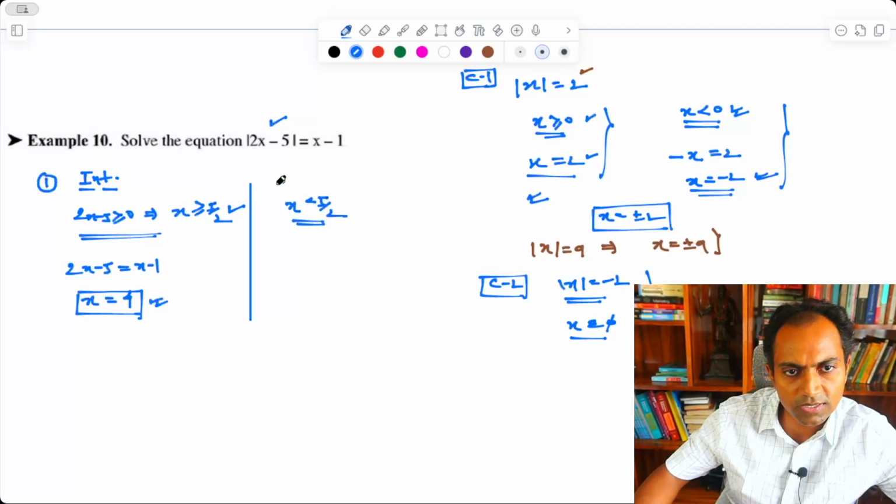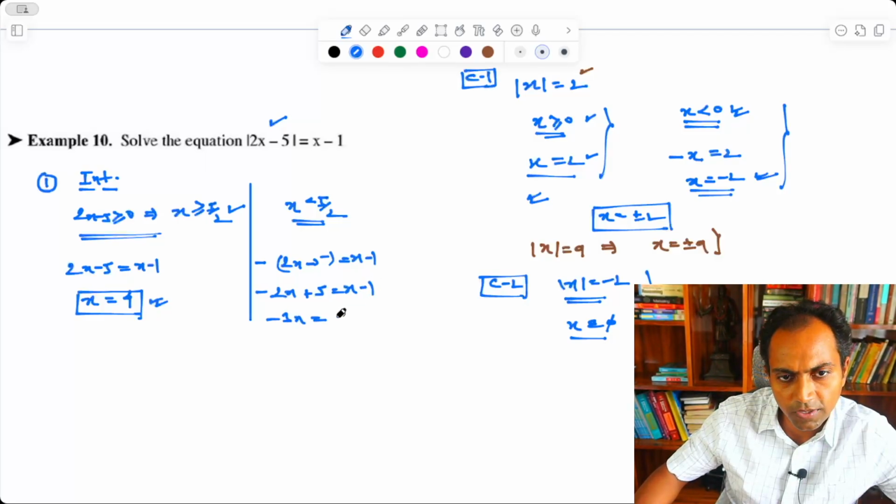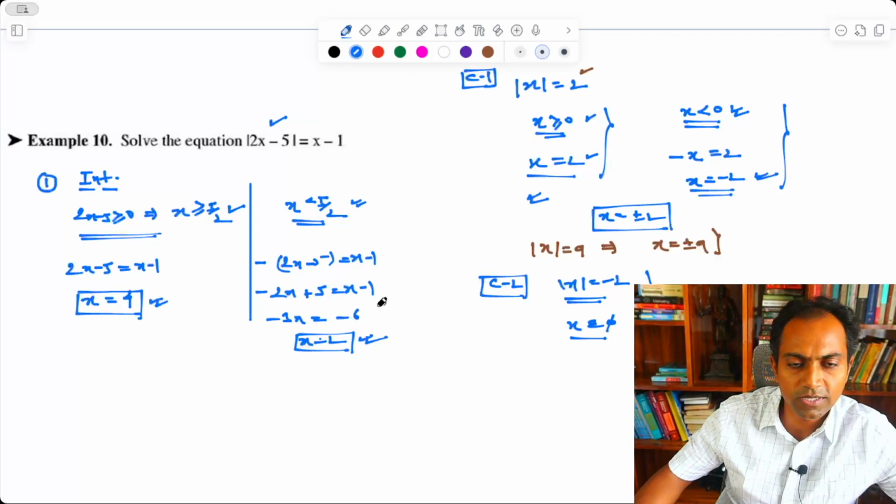So, this modulus sign now will open with a negative sign: minus 2x minus 5 is equal to x minus 1, and if you do this, it becomes minus 2x plus 5 is equal to x minus 1. So, minus 3x would be equal to minus 6, or x will be equal to 2. Since 2 is smaller than 5 by 2, it is an acceptable answer.